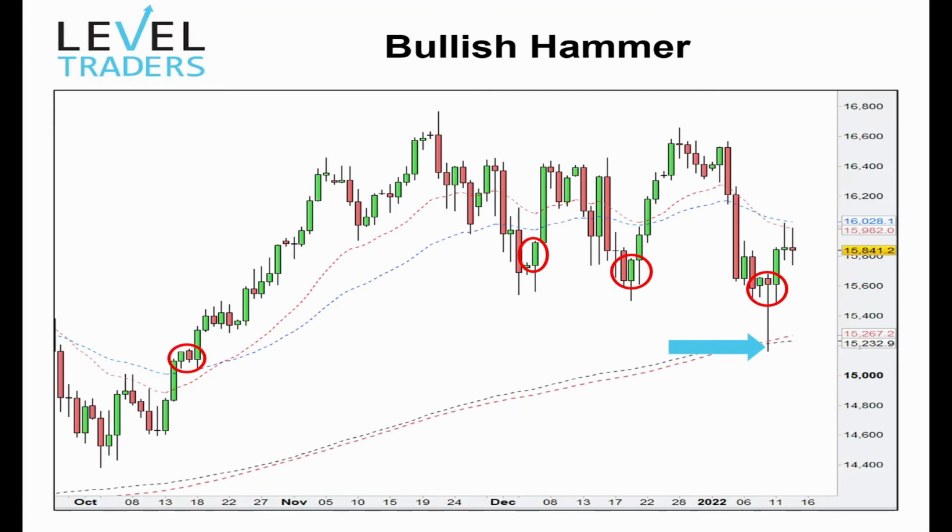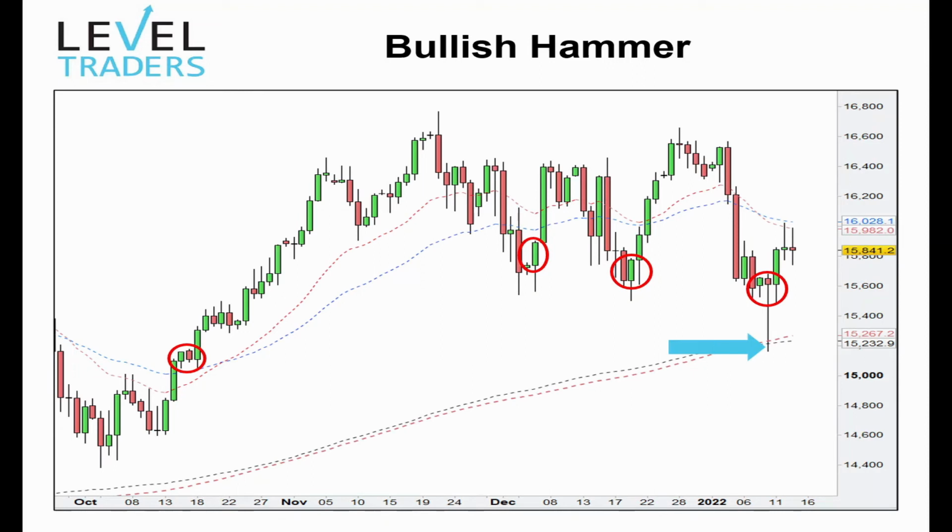The trade still works as the stop isn't triggered, which is placed at the low of the hammer. The final example also includes another indicator like the 200-day moving average shown in this chart, which is why that reversal ended up being a sharp one.